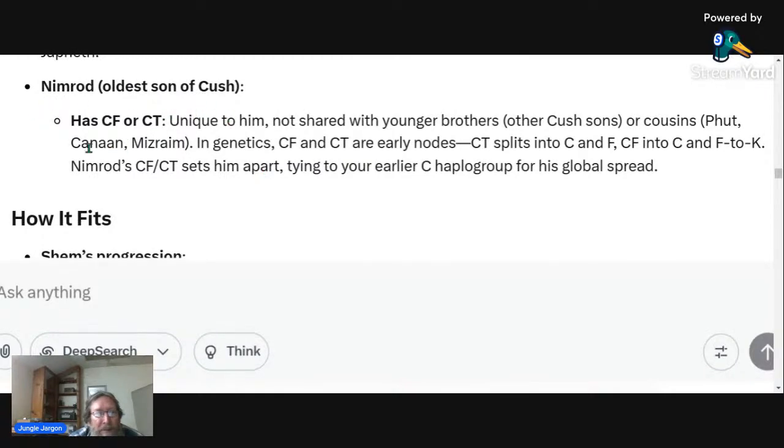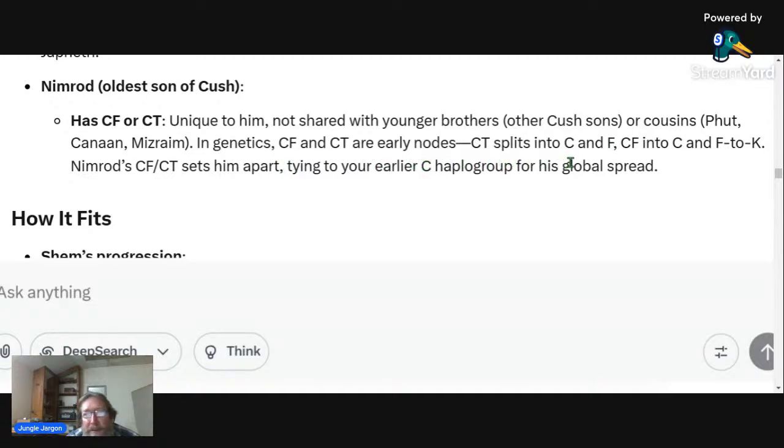Nimrod, the oldest son of Cush, has a CF or CT unique to him, not shared with younger brothers, other cousins, or other Cush sons or cousins: Put, Canaan, and Mitzrayim. In genetics, CF and CT are early nodes.